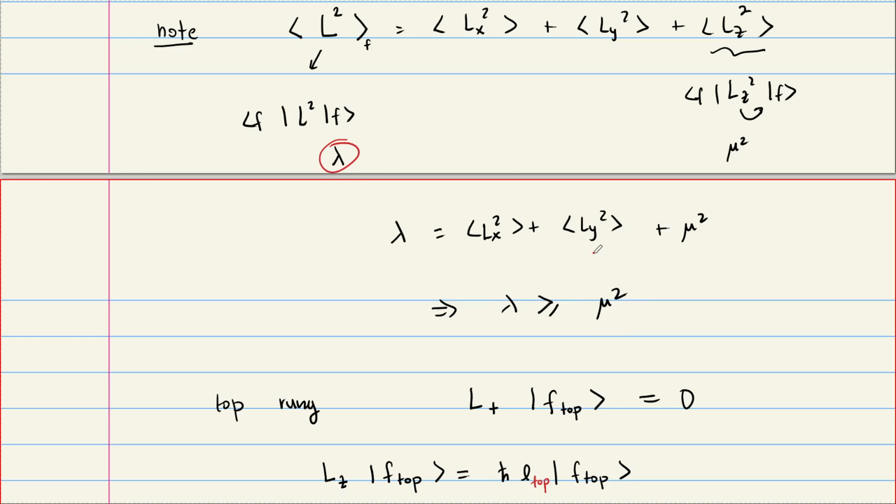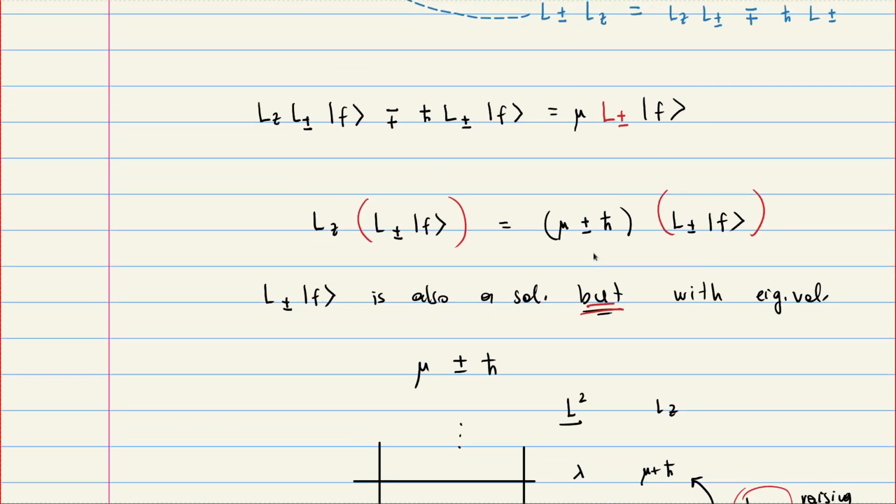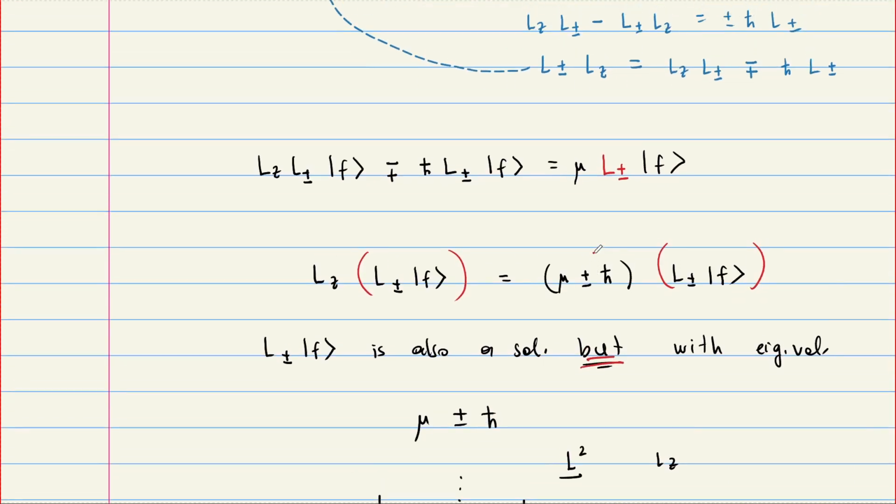Yes? So we had Lx, Ly, but L plus or minus are just names. They are different, not physical operators, but they are useful. That's why we introduced them, right?